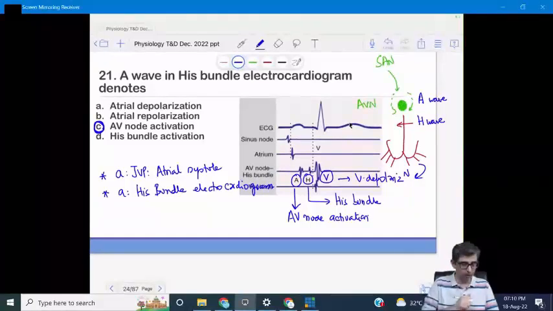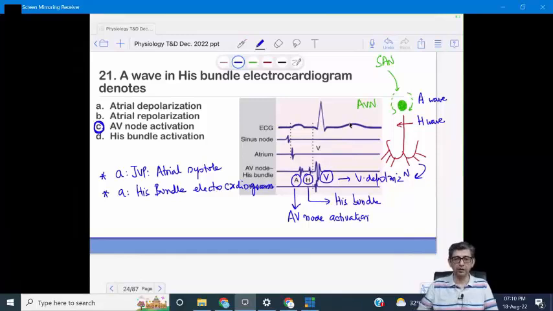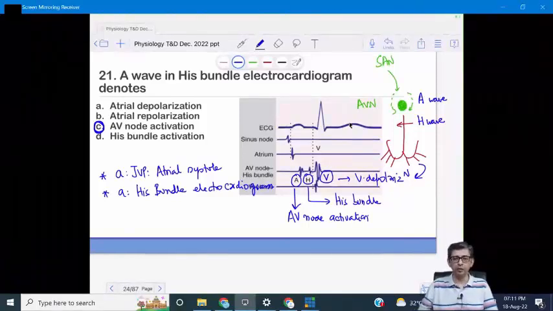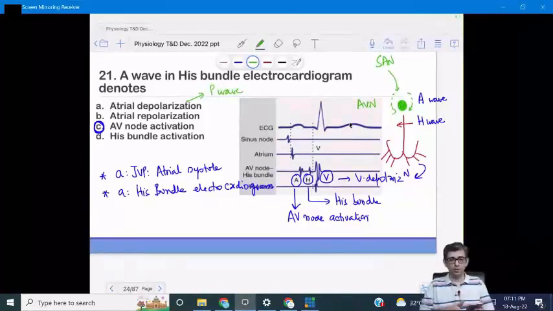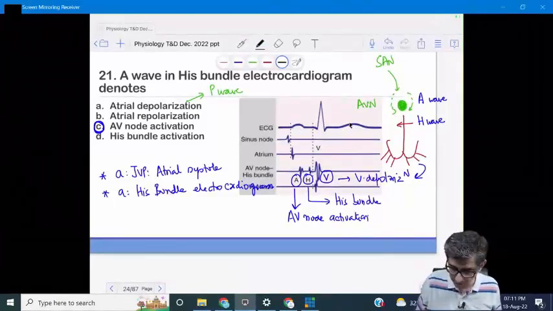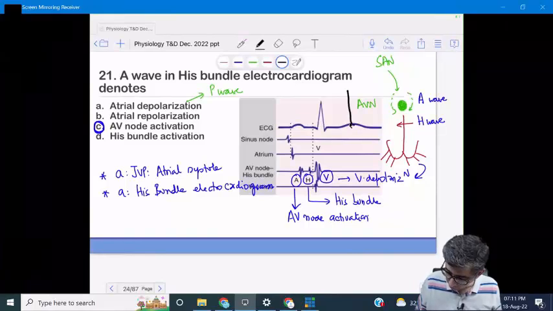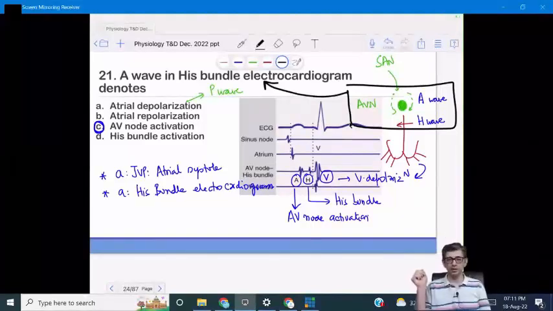Okay. In question number 21, I also got A as an answer. Atrial depolarization would be responsible for the P wave, right? 21 is sorted. It is option number C. If you have to study this particular part of the heart, that is when this special type of ECG is done, called His bundle electrocardiogram.